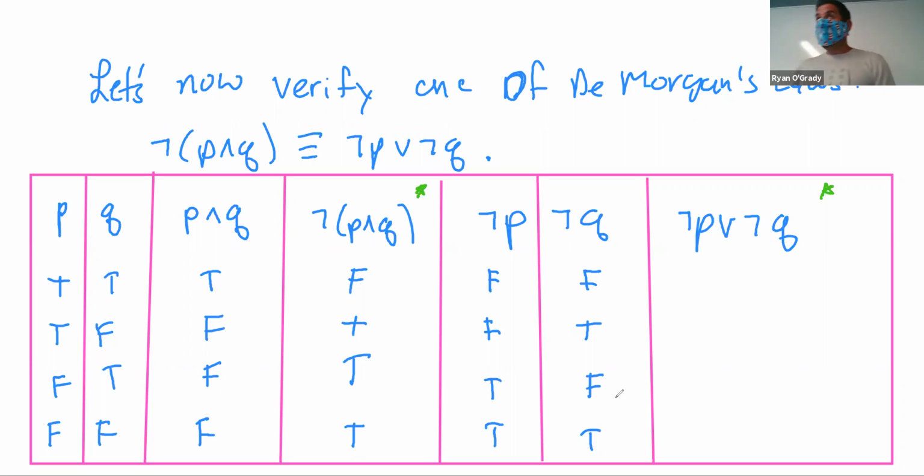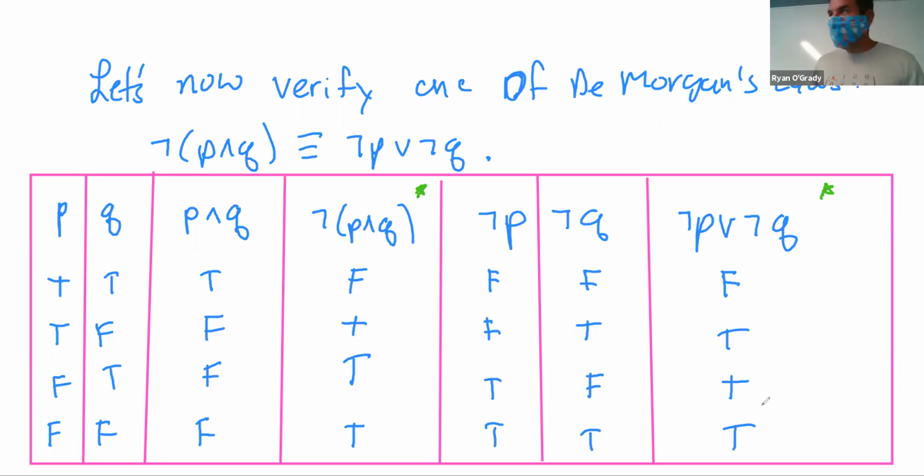Using the truth table could give us the wrong answer now, because this one is actually flipped. So we know for or, if both are false, it's false. So actually we get false, and then if at least one is true, it's true. So, bingo.